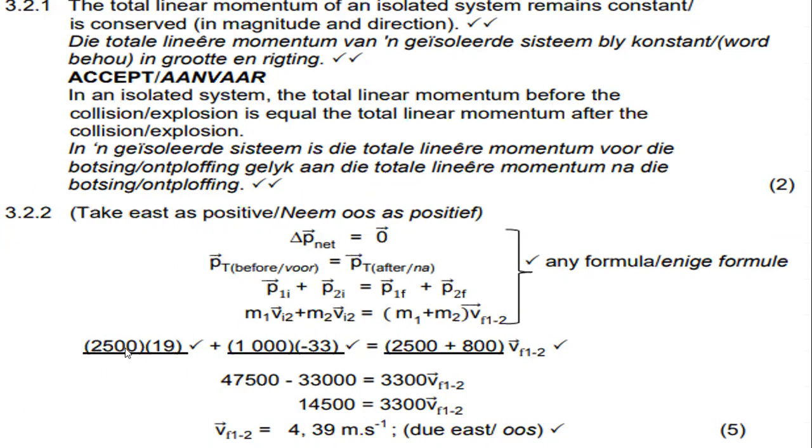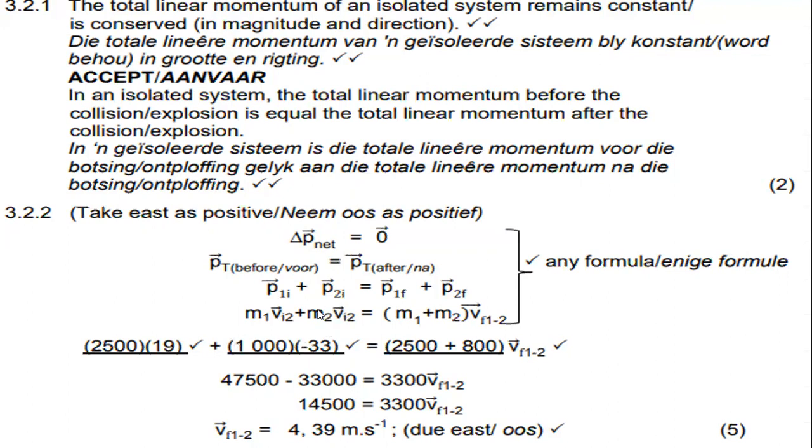And we are happy because it's in kilograms, multiplied by, before it collided with the car, it was moving at a velocity of 19 meters per second east. And because east is taken as positive, that becomes a positive value, which is positive 19.